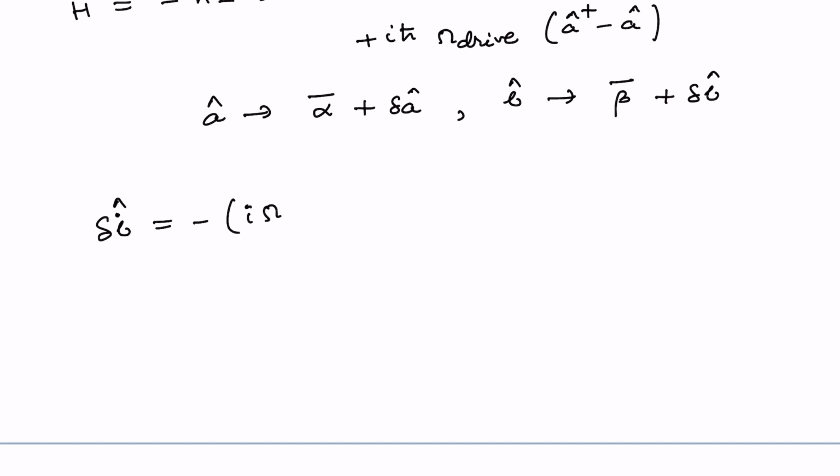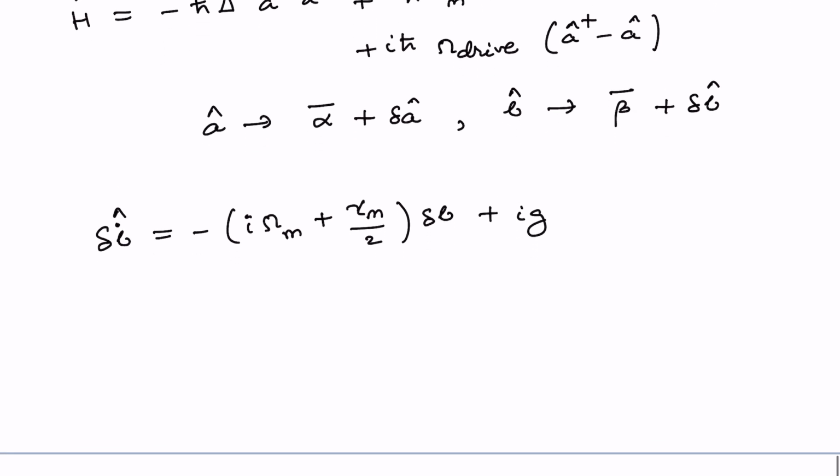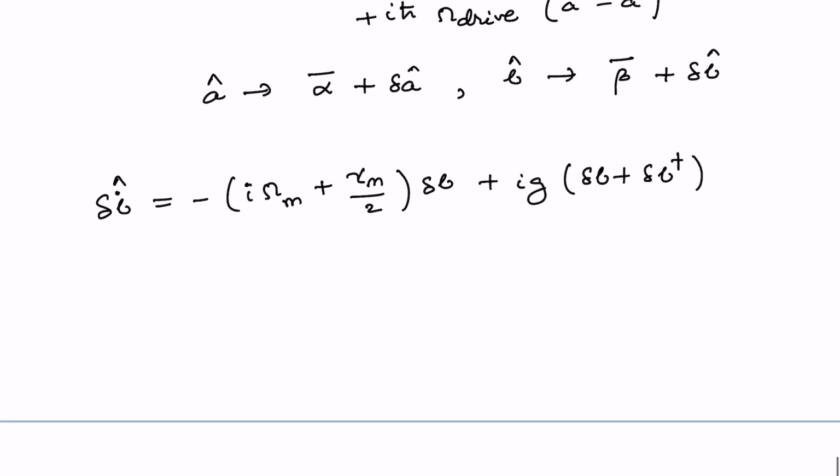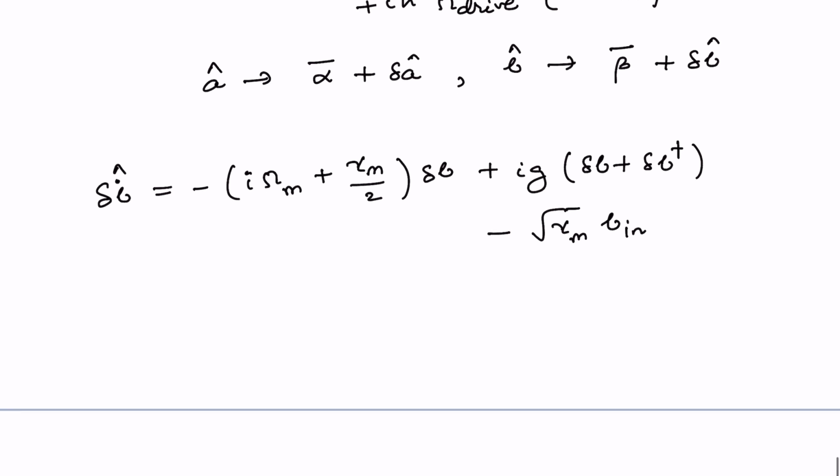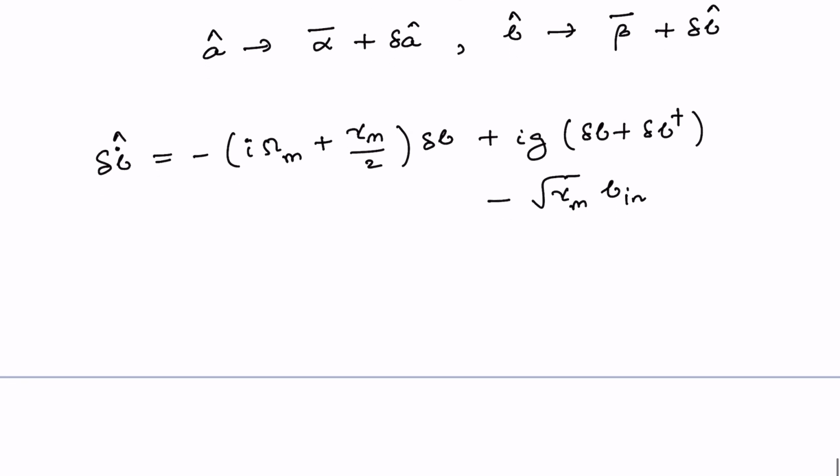Please try to obtain this. b_in is the quantum noise entering the mechanical oscillator because of vacuum fluctuation, similar to a_in that I have discussed.